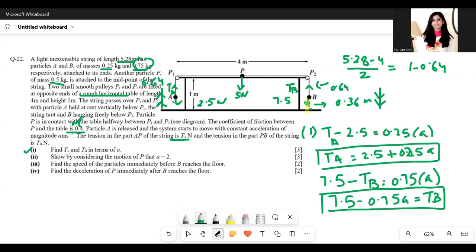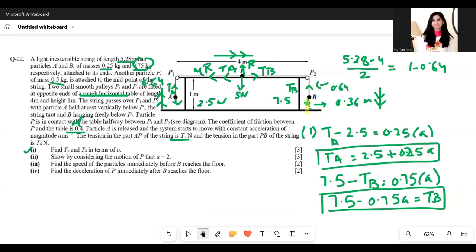Part 2 says, show by considering the motion of P that a equals 2. Now P is going to move in this direction. So P will have TB here, TA here, because tension always points away from the reference point. And also, since there's friction, this is going to be mu R, and R is going to be in this direction, which is 5 newtons in this question.